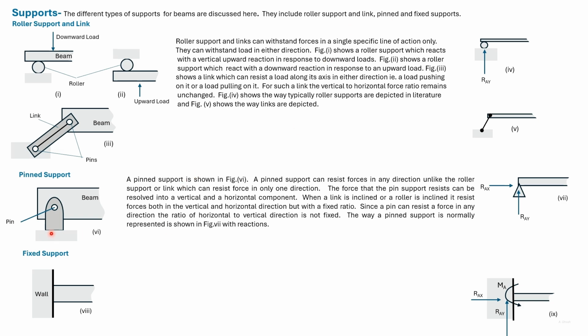As we can see, with a pin support, a beam can rotate, while with a fixed support, the beam cannot rotate. In a pin support, there's no resistance to the beam rotating, while in a fixed support, the wall will provide a counter moment if there's a moment acting to rotate the beam.